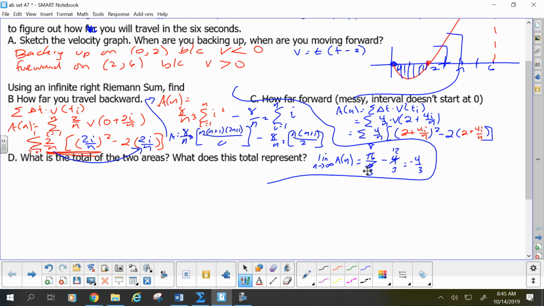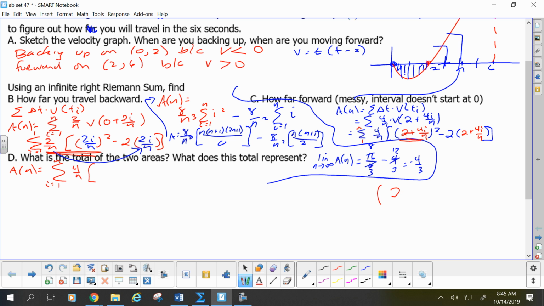You follow? Okay, here's where we need to stretch this out a little bit. We're going to need to expand this. So leave the 4 over n out, and in the brackets, what do I get when I expand 2 plus 4i over n all squared?